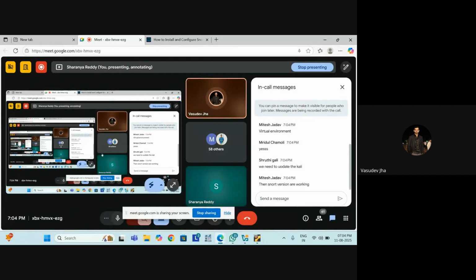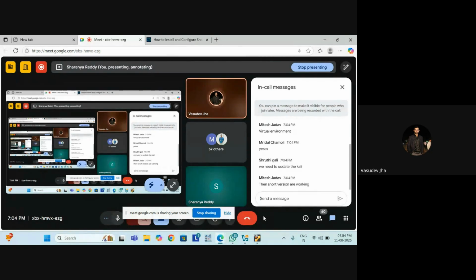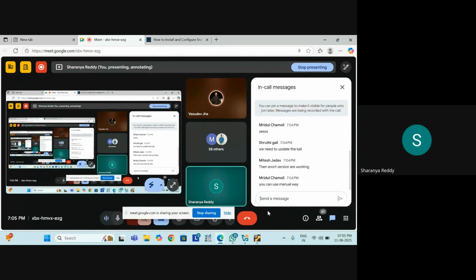Yes, you can. Actually, you need to check whether the file sources.list is there. Sir, I didn't get you. In your etc, there is a folder named apt. In that, you will find a file sources.list.